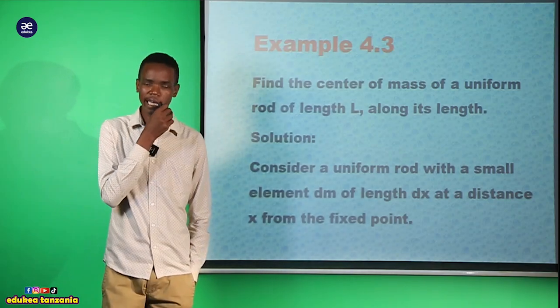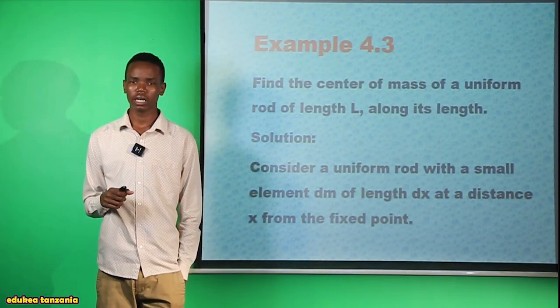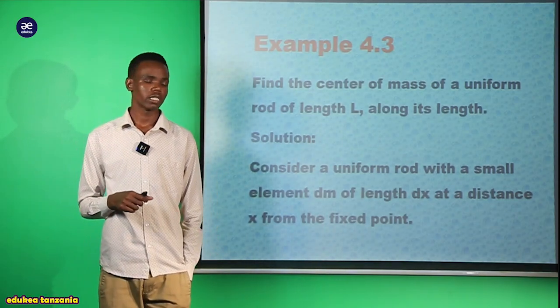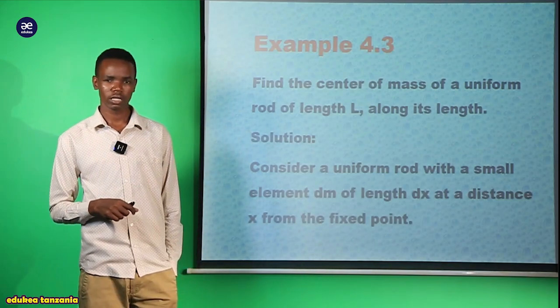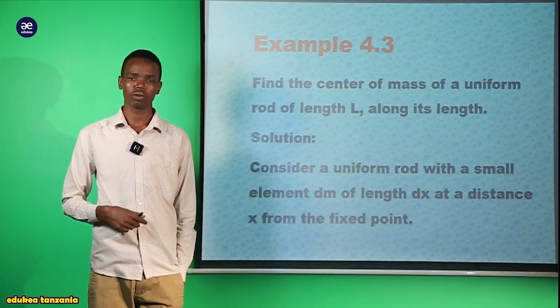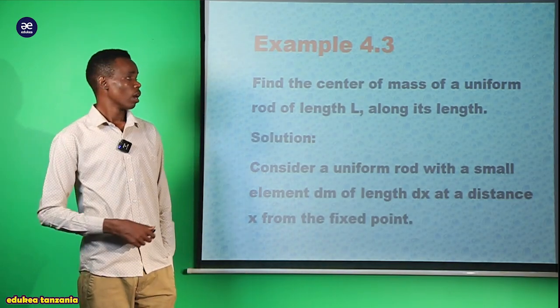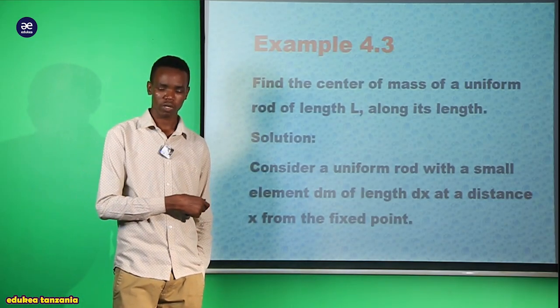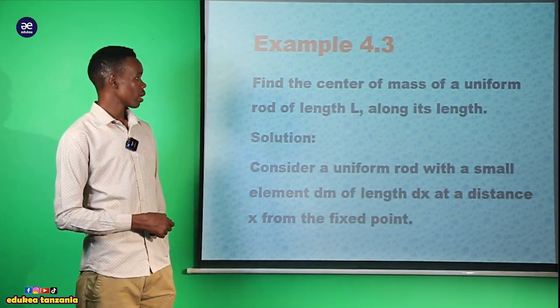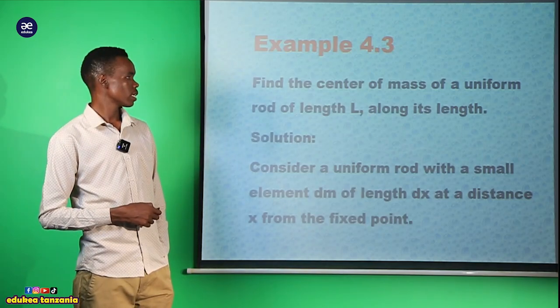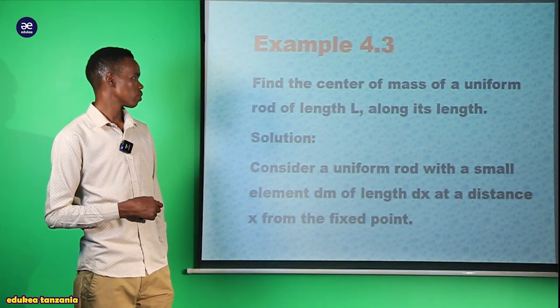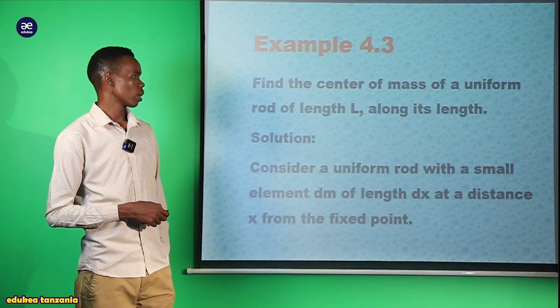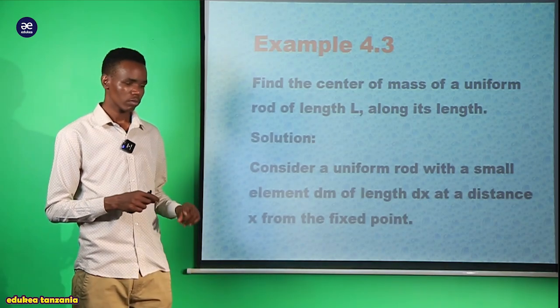So after there, let us go and look at the example. Let us see the example of what we tried to see in this session. We have our example number 4.3 related to what we tried to see. Our example says: find the center of mass of the uniform load of length L along its length.